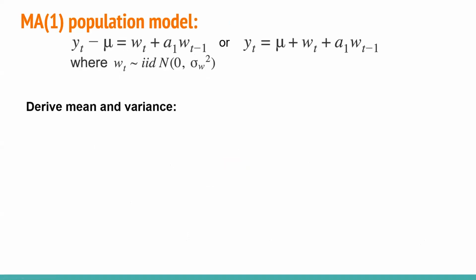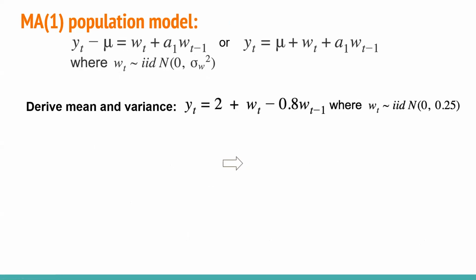We want to have a derivation of the mean and variance right now. Now, let us assume that you are given this model. Automatically, this is MA of order 1, moving average of order 1. How do I know that this is a moving average?